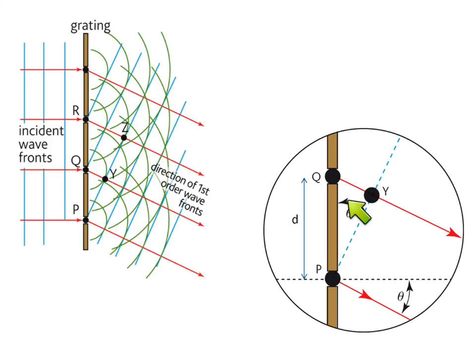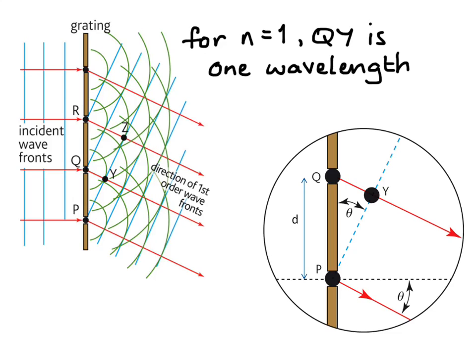So we've got an angle theta between the diffraction grating and the wavefronts heading off to the n=1 fringe. So for n=1, this distance here is one wavelength. So sine theta is lambda over d, the distance between the slits.